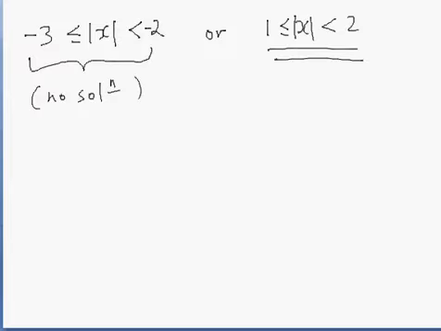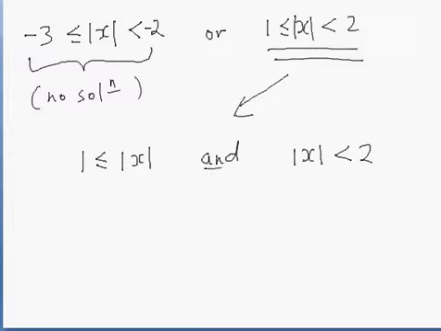So how to solve it? This is the same as solving two inequalities, and the thing is, it is and. Because my modulus x, whatever value I choose, must satisfy this inequality and this inequality at the same time. If any one fails, this is not the x we want.